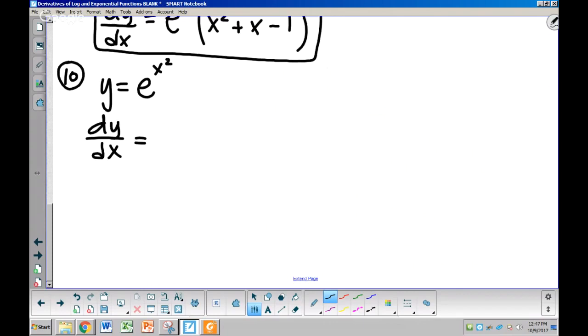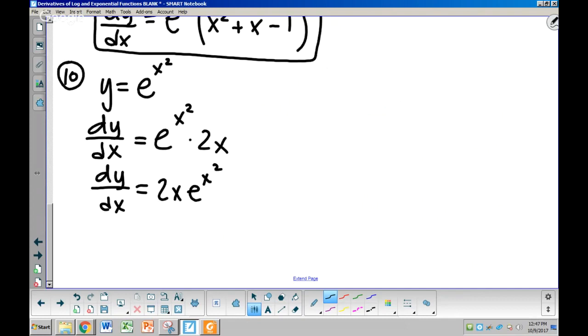It's going to be e to the x squared times 2x. Yes. You're like, Mrs. Muller, there's something going on here. It's going to get more difficult, isn't it? The answer is no, because it's e to the x. So nice.